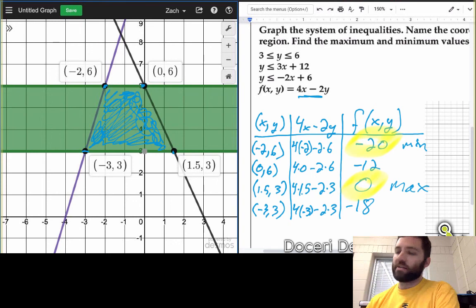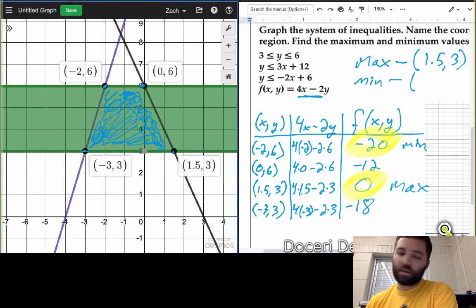For your final answer on this one, lots of times these questions will be asked about each part individually, but your final answer here will be that you have a max at the point (1.5, 3), and that you have a min at the point (-2, 6).